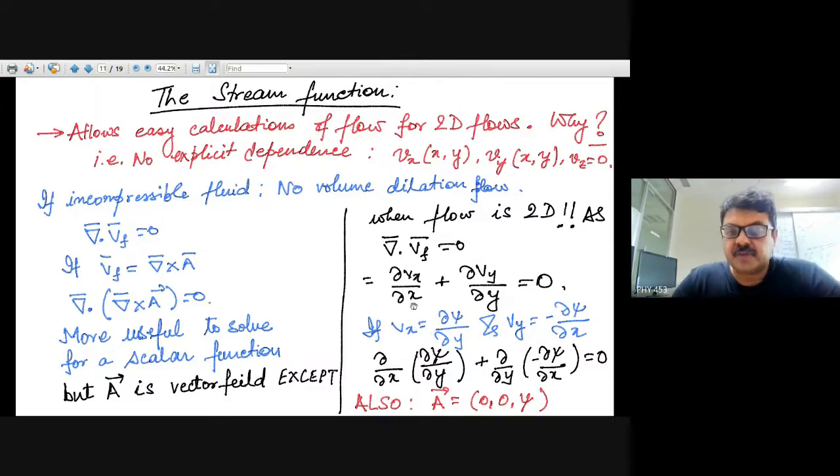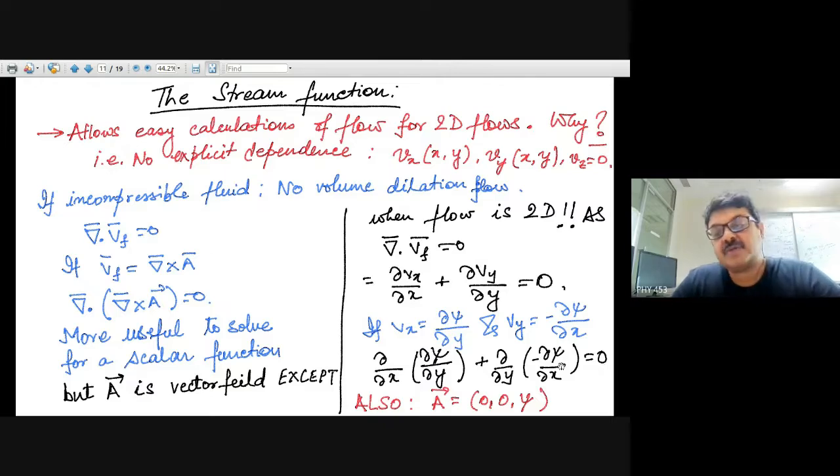And now if you write Vx to be del y of a scalar field psi and Vy to be minus del x of the scalar field psi, then by substituting del psi del y instead of Vx, and del psi del x instead of Vy, this relation will hold true trivially.